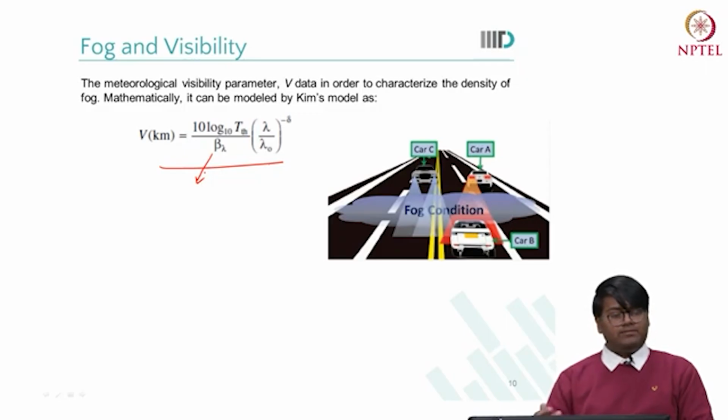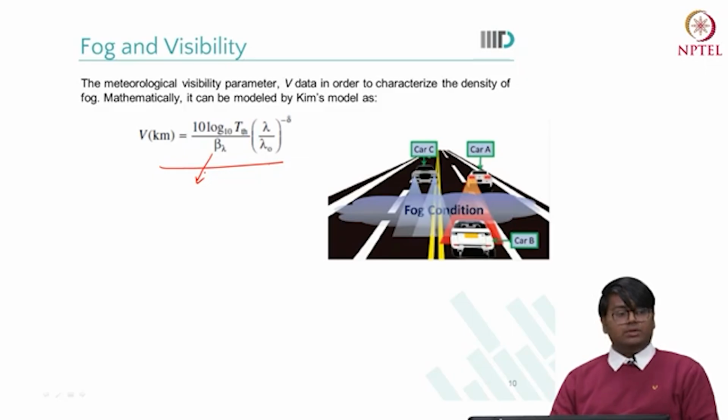We define the visibility parameter V as the distance at which the visual contrast or the transmittance of an object drops to a certain value of the transmission threshold level of the original visual contrast along the propagation path.